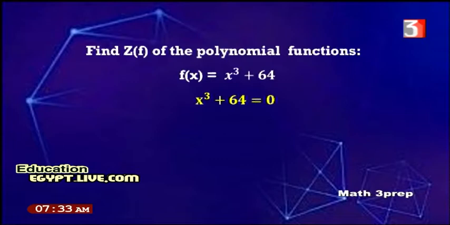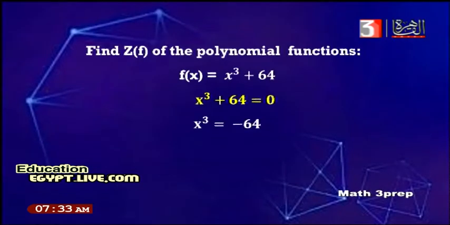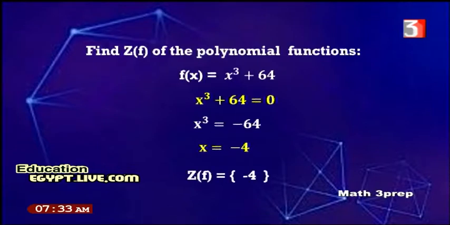Here you can factorize, but there is a much easier way by writing x to the power of 3 equals negative 64 and finding the cubic root for each side. So the value of x will be negative 4. And in this case, we can say that the set of zeros of this function will be negative 4.